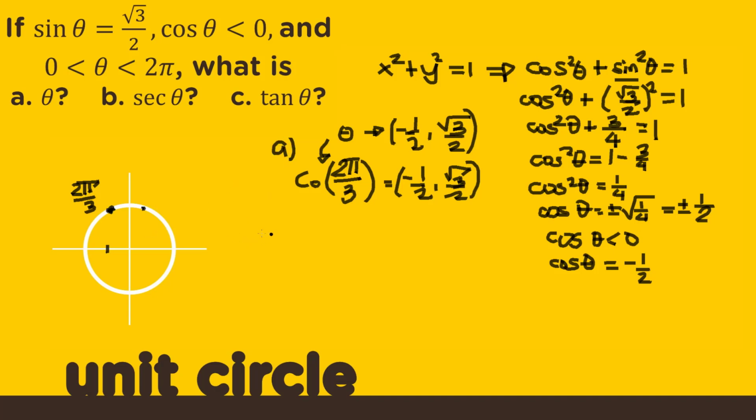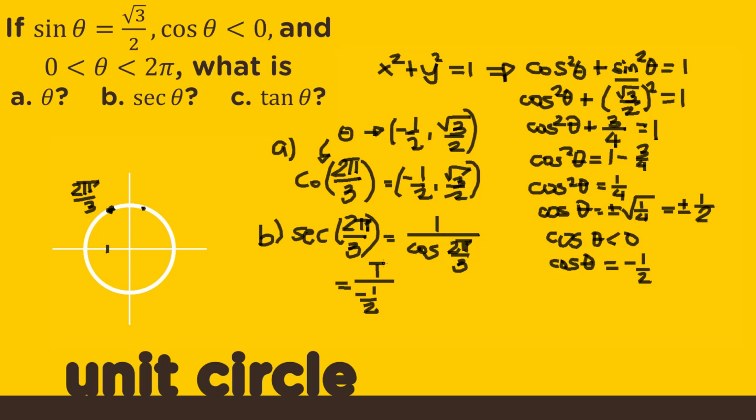Once you're done with that, it's easier for us to solve our letter B, which is secant theta. Because secant theta, or let's specify the theta here, secant of 2 pi over 3 is equal to the reciprocal, 1 over cosine of 2 pi over 3. And the cosine is negative 1/2. So we will have here 1 over negative 1/2. We can write this as 1 over 1 over negative 2.